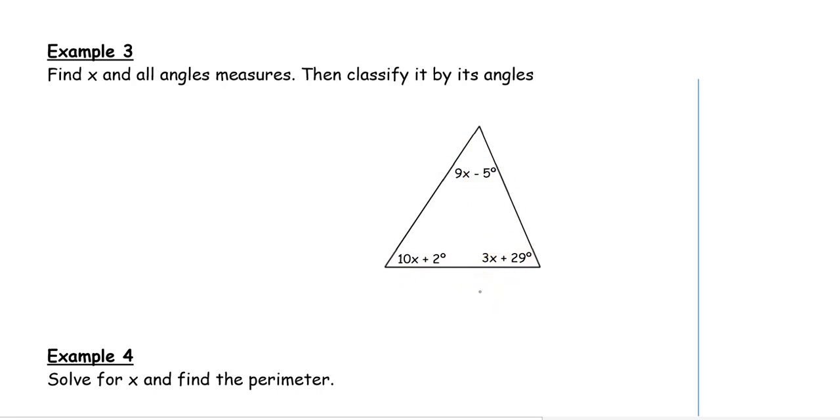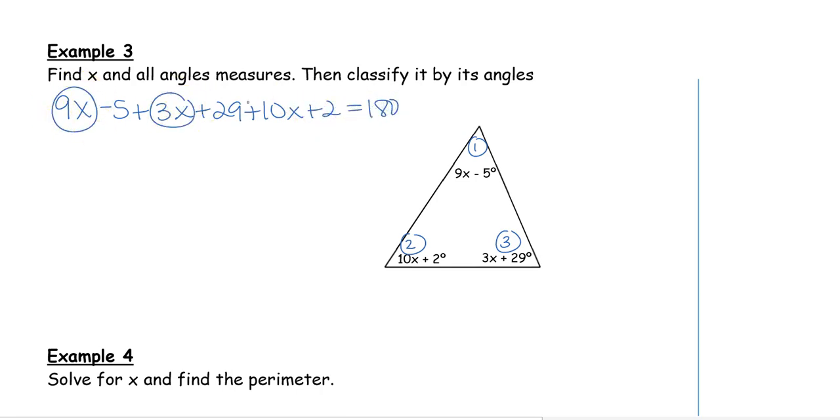The one thing that you don't want to forget is that all 3 angles in a triangle add up to 180. So if I want to solve this, we add our 3 angles, 9x minus 5 plus 3x plus 29 plus 10x plus 2 is equal to 180.